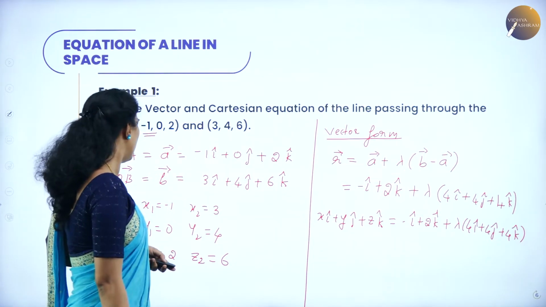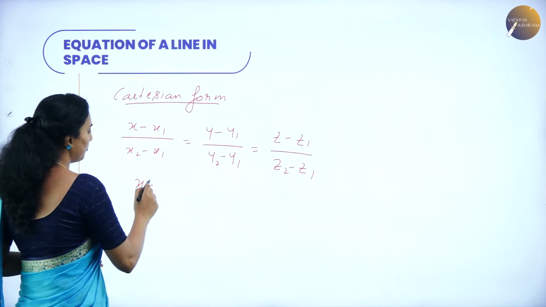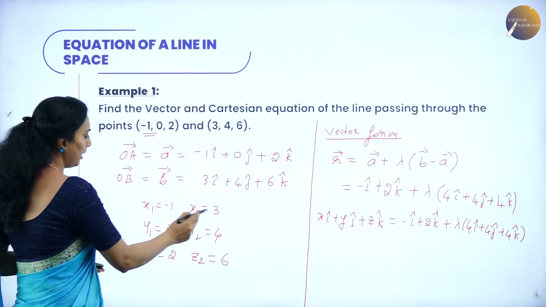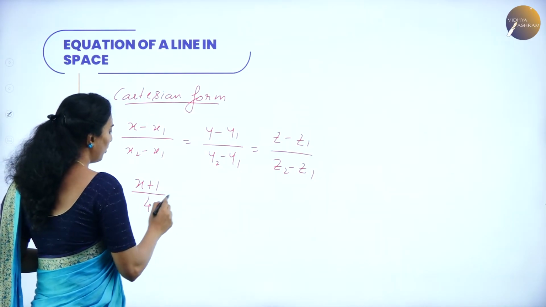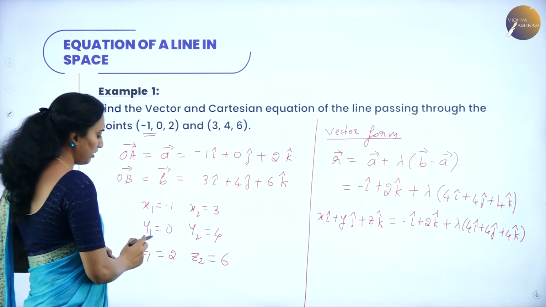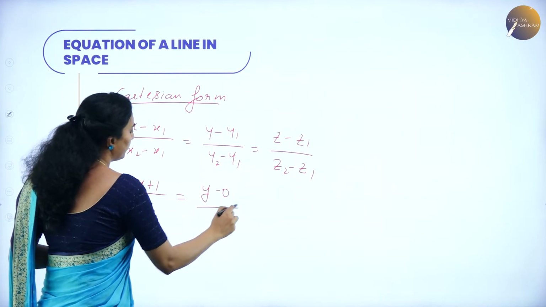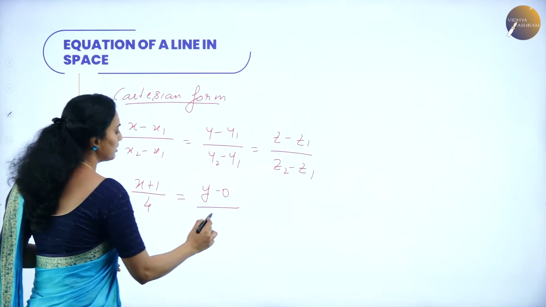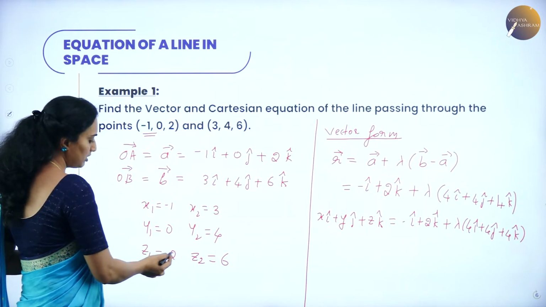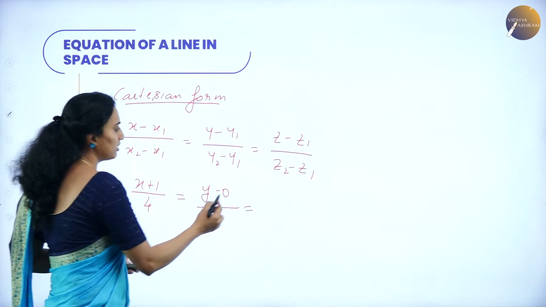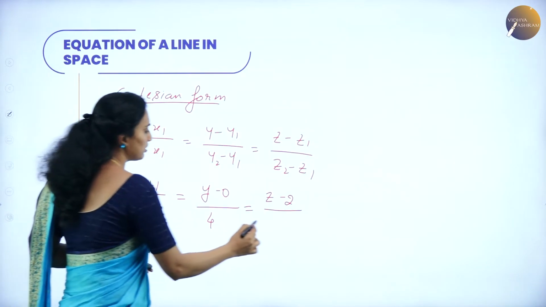Now here, x minus x1, where x1 is minus 1, minus of minus is plus, divided by x2 minus x1, 3 minus of minus 1, which is 3 plus 1, which is 4. This is equal to y minus y1, where y1 is 0, so y minus 0 divided by y2 minus y1, 4 minus 0, which is 4 only. Then z minus z1, which is z minus 2, divided by z2 minus z1, 6 minus 2, which is 4.